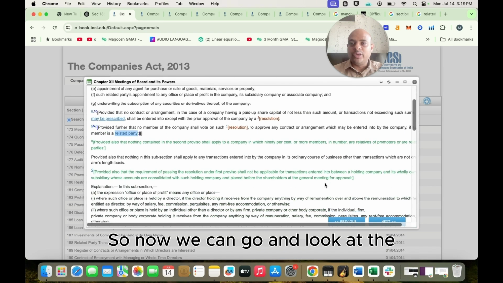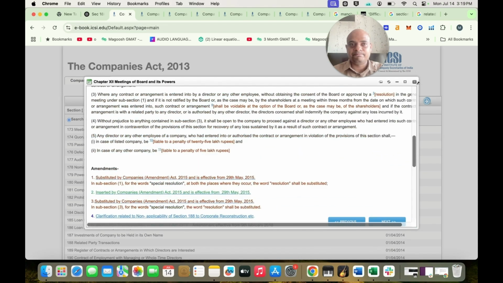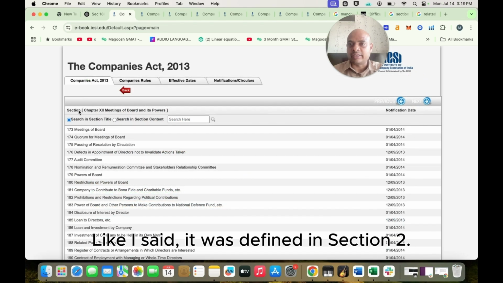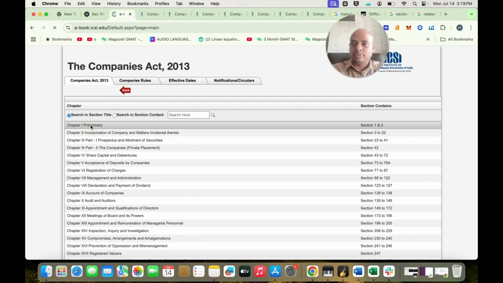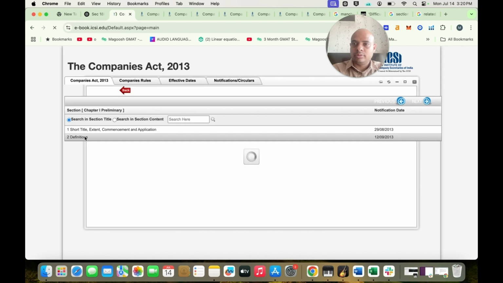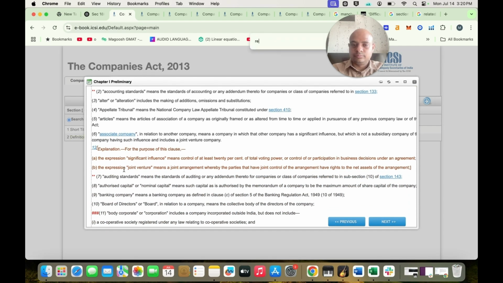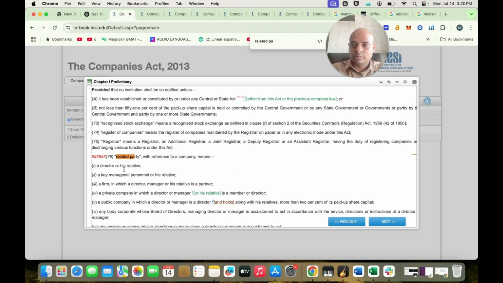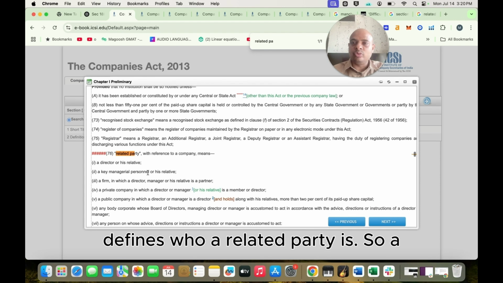So now we can go and look at the definition of a related party. Like I said, it was defined in section 2. Yeah, so in reference to a company, it defines who a related party is.